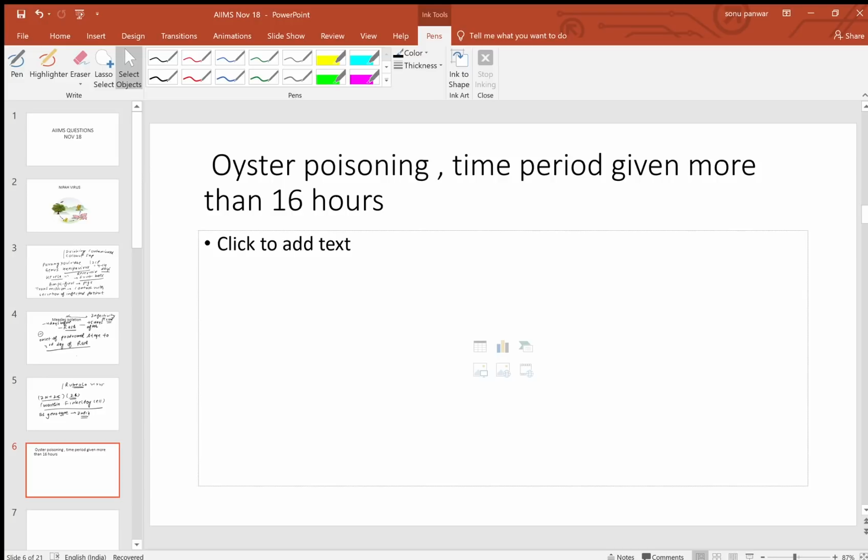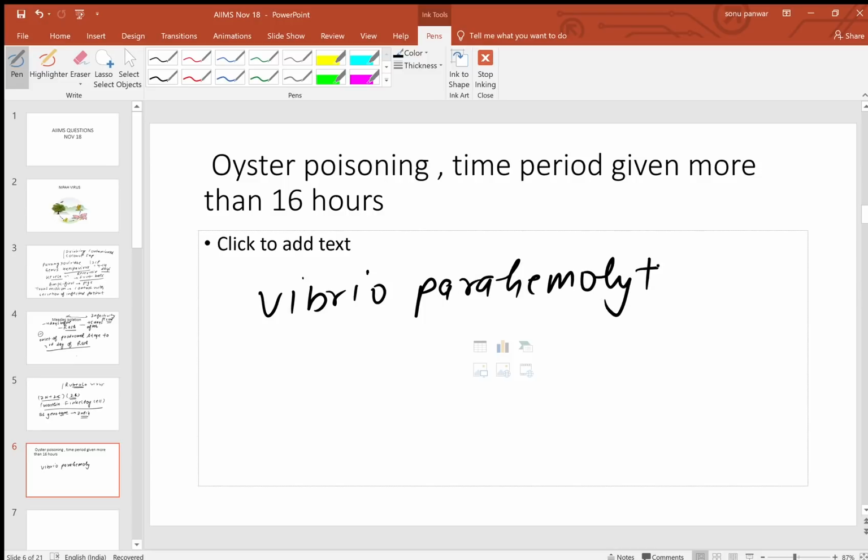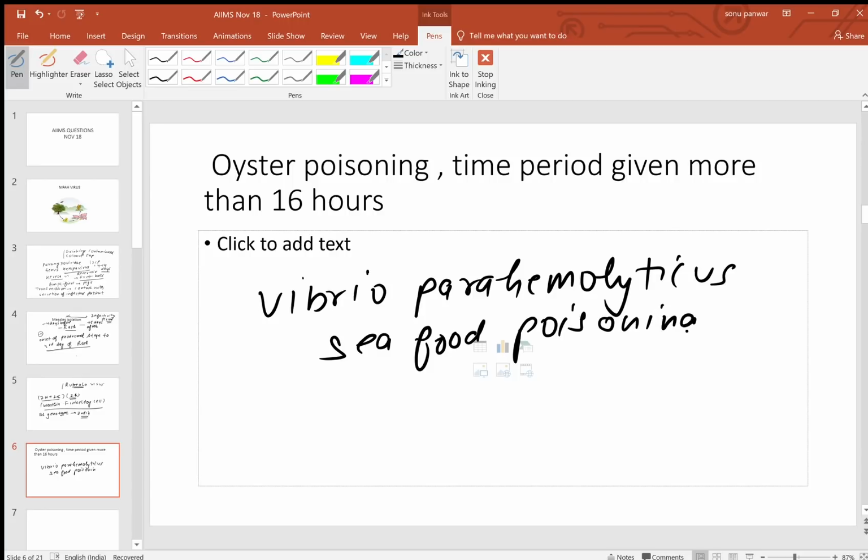So remember, guys, more than 16 hours, as per the choices given, I suppose the answer is Vibrio parahaemolyticus, which is associated with seafood poisoning. So you should think of this organism for more than 16 hours, Vibrio parahaemolyticus, associated with seafood poisoning.